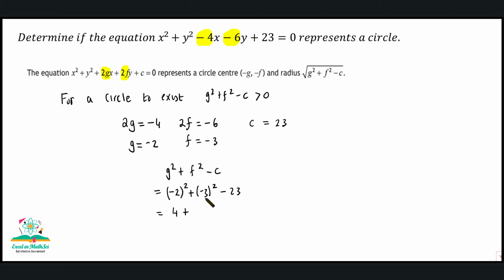4 plus 9 minus 23, so that'll give me minus 10.